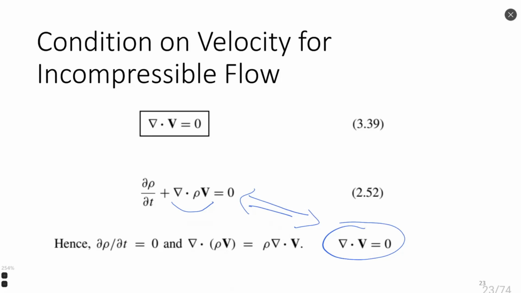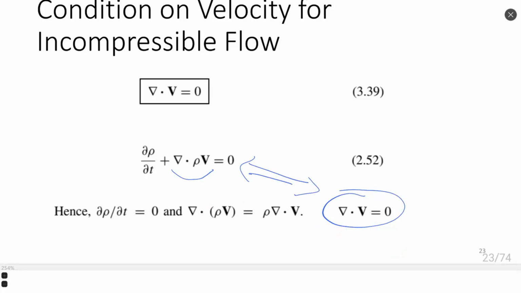This divergence of velocity equal to 0 is an equation which will help us to develop a big variety of analytical solutions, because just analyzing velocity, we can find all flow structure. Just one equation.